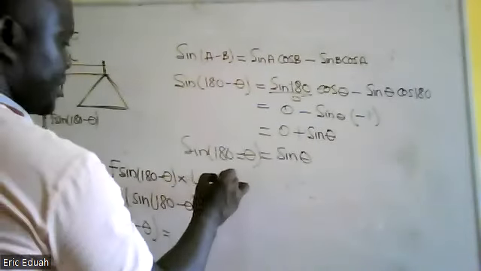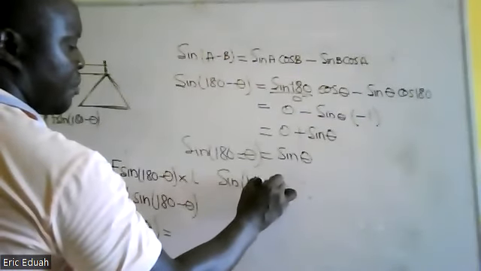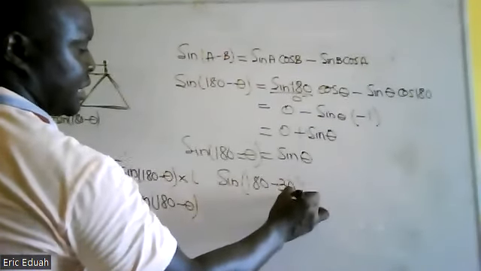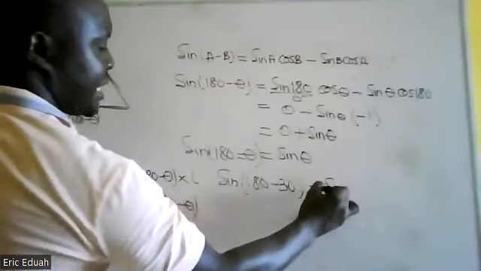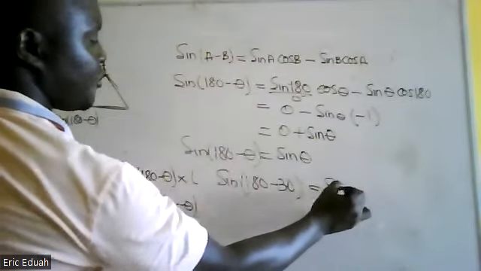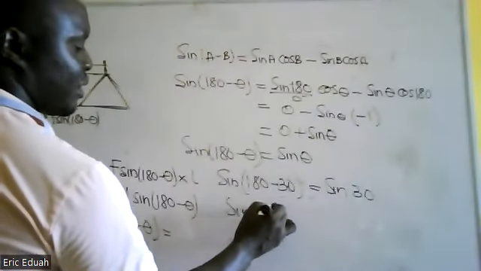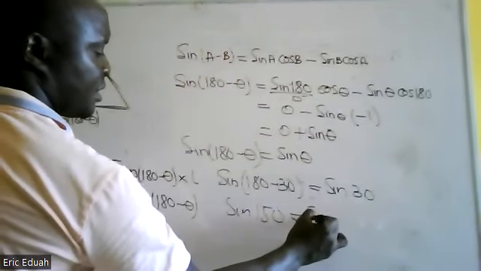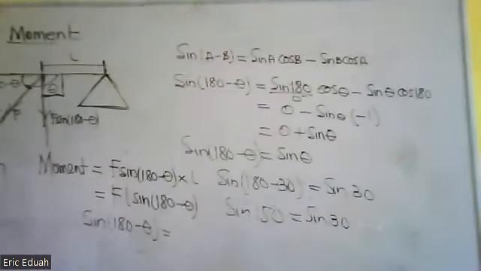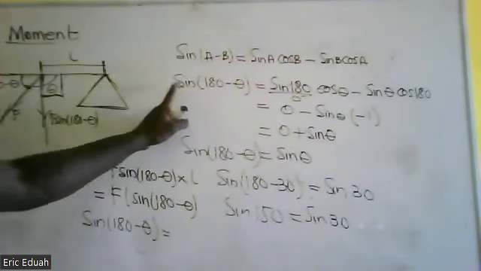So for example, sine 180 minus 30 degrees is equal to sine of 30. That's 150. It's equal to sine of 30. Are you okay with this?